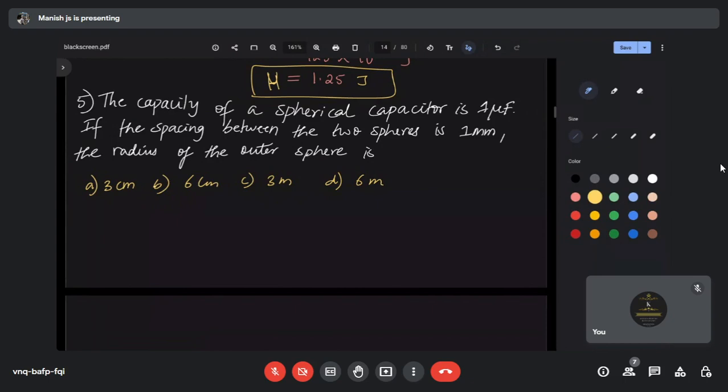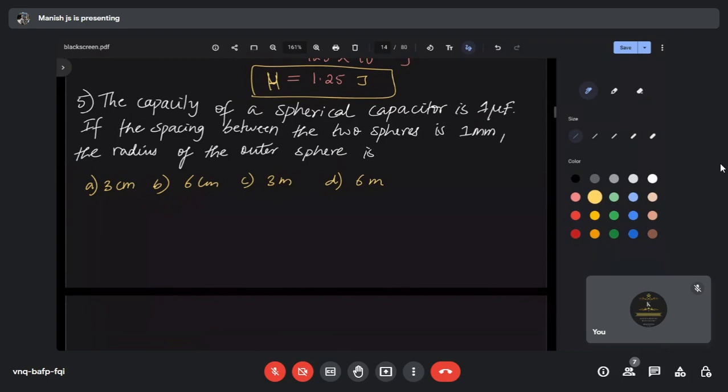So a spherical capacitor has been given. What do they mean by spacing between two spheres is 1 mm?